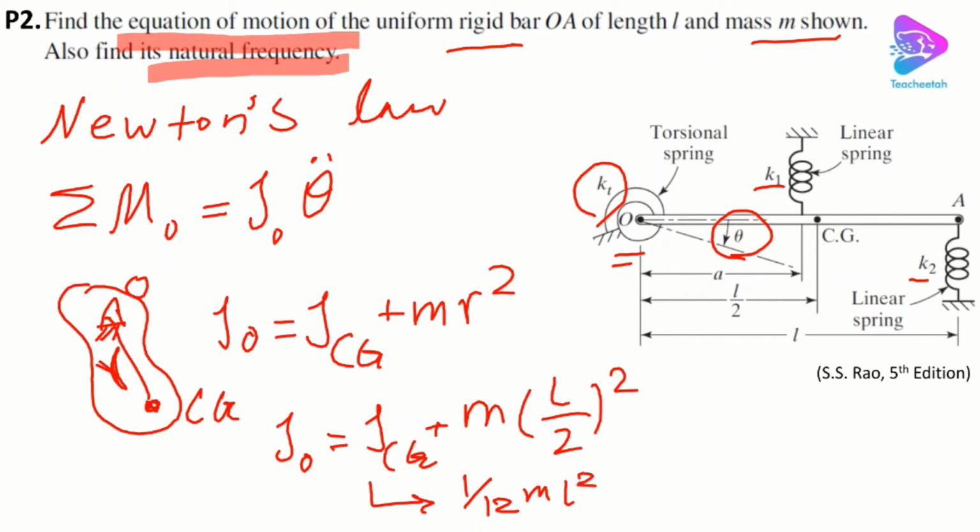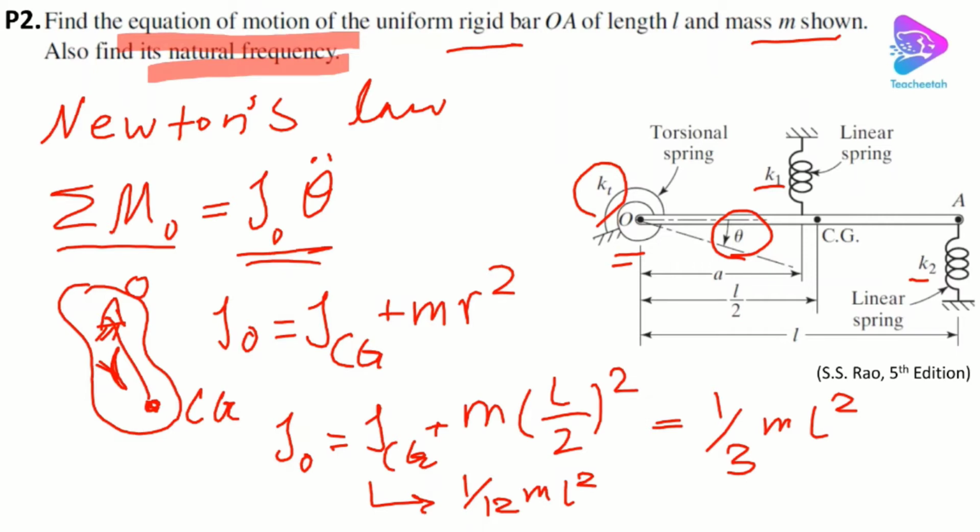You can find it in some tables or formula sheets. So simplifying this gives us 1/3 of mL squared. As you see, we are fine with the right hand side of this equation. We have J_O times theta double dot. What we need to find is the summation of all external moments in the system. Then we can use Newton's law to simplify and finally find the natural frequency of the system.